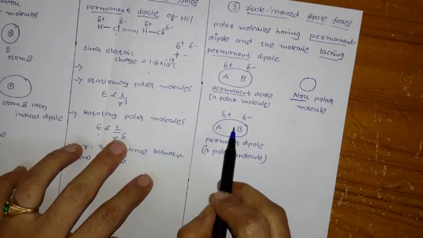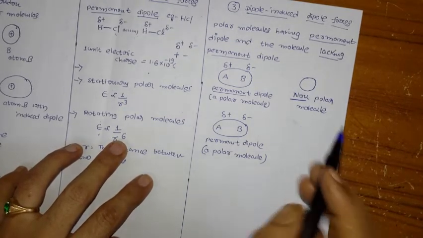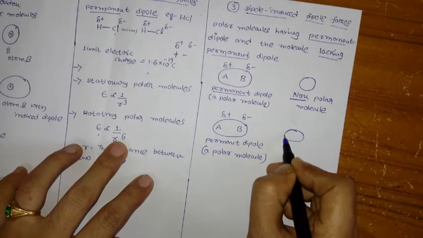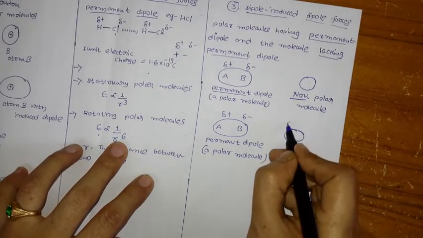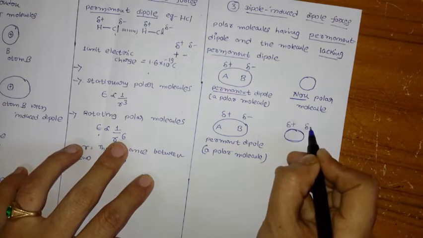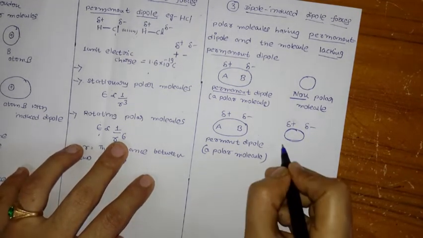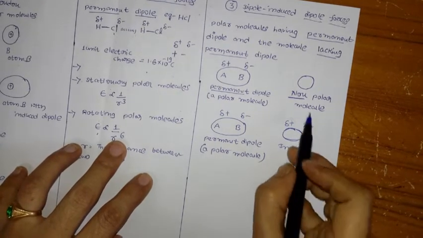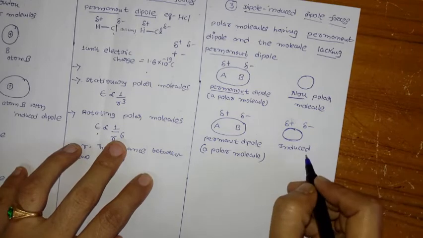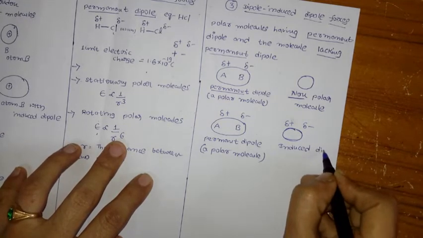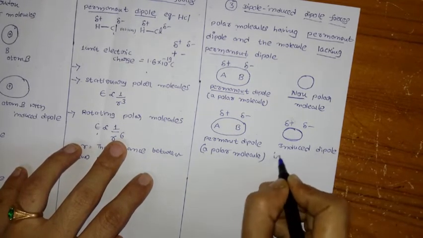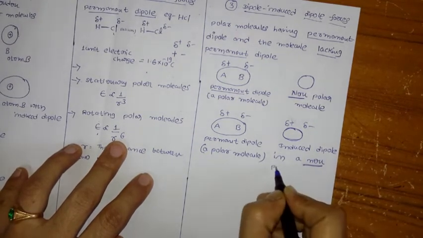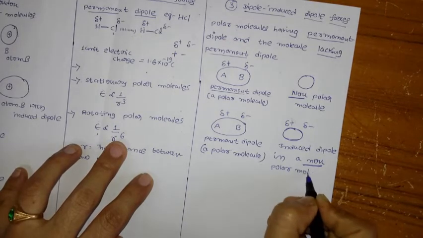When this molecule comes close to the non-polar molecule, there will be a development of some charges, partial positive and partial negative. Some dipole moment is induced in this non-polar molecule. So, an induced dipole in a non-polar molecule.